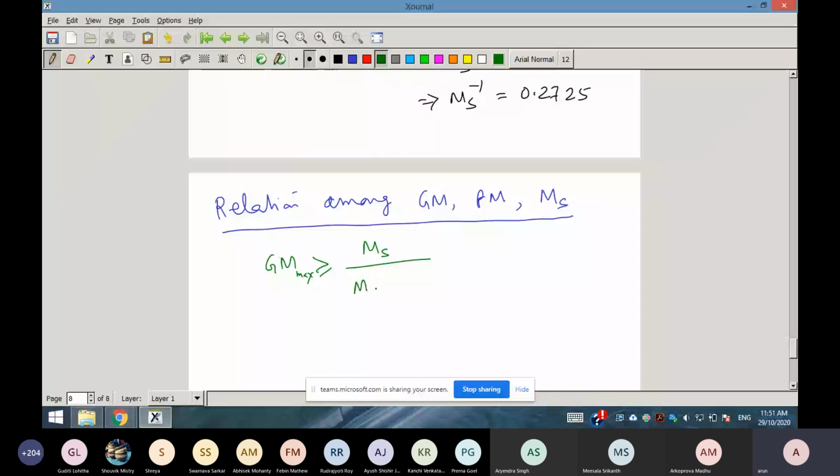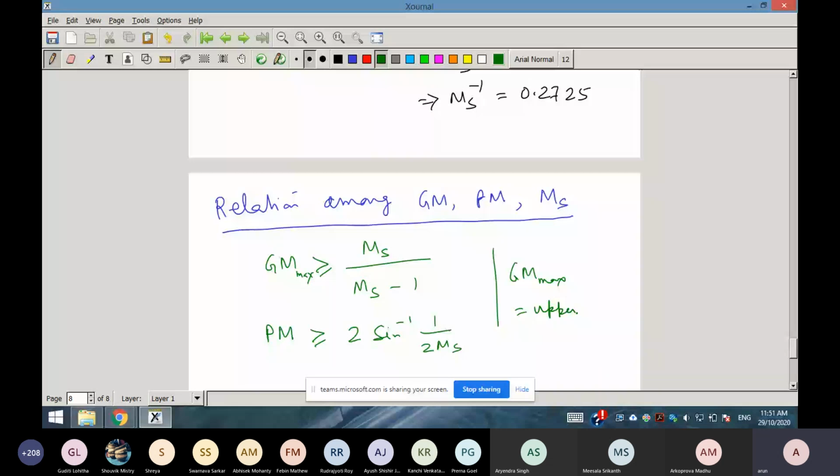Phase margin is greater than or equal to 2 into sine inverse of 1 by 2 into MS. So GM max means upper side GM.